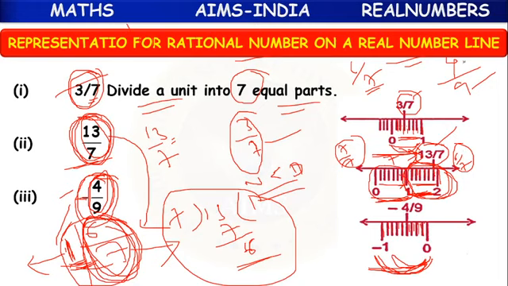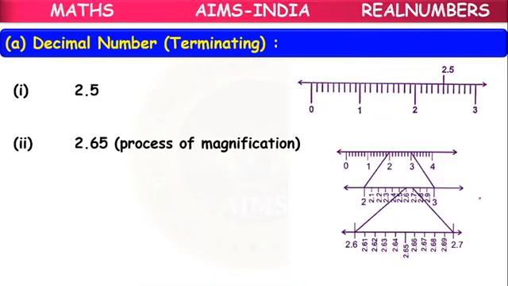The numerator is 4, so 1, 2, 3, 4: this fourth part out of 9 parts to the left of 0 is minus 4 by 9. In this way, whether it is a proper fraction, an improper fraction or a negative rational number, all can be represented on the real number line. Next.